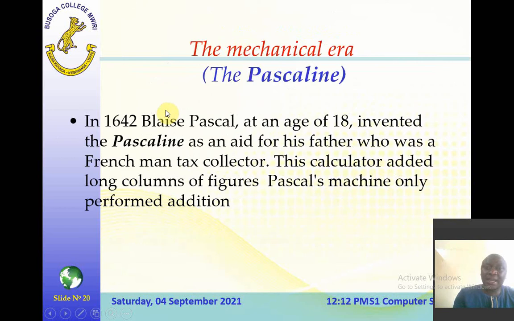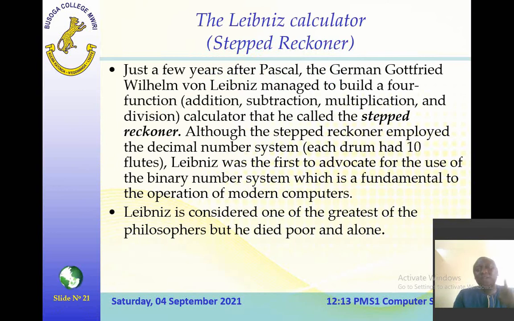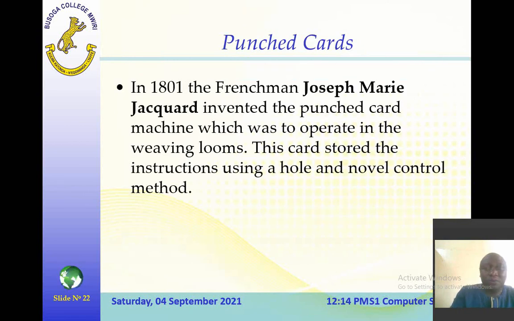Remember, behind here we had the one that was only performing one function, just adding. Now we have the stepped reckoner which does the 4 functions, and somebody dies a poor person. Now we need to look at the punched cards.